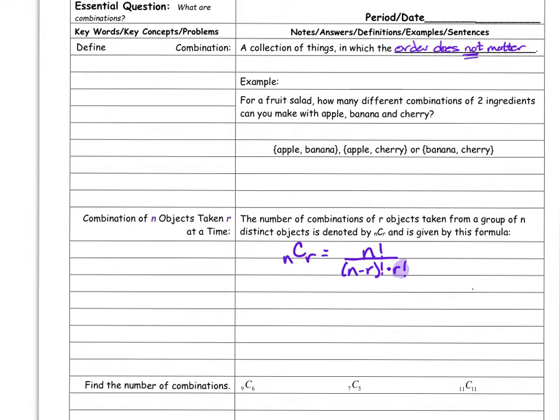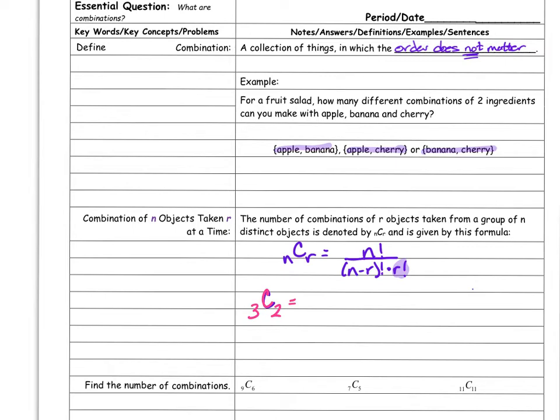I'm going to show you again, like I did last time, using the example above, that it works. Notice that we have 3 here. 3 is what my answer should be. So I'm going to put it into this formula and show you that I get 3. I have 3 types of fruit, and I want to choose 2 of them.